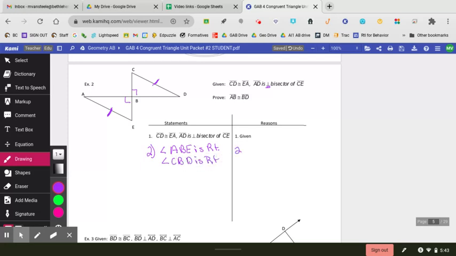And that's because of the definition of perpendicular. Then I can say those triangles are right triangles. So triangle ABE is a right triangle, and triangle CBD is a right triangle. And that's definition of right triangle, because we know we have triangles with a right angle.